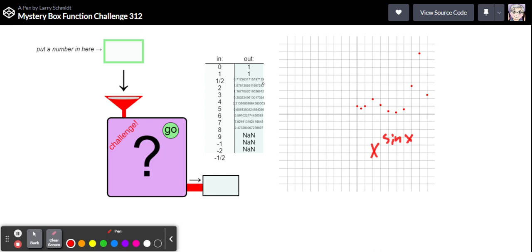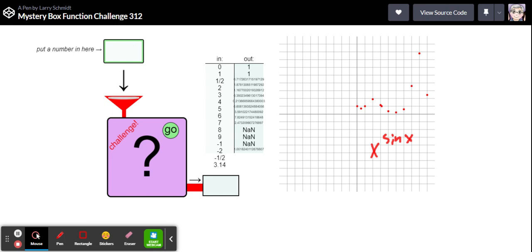I'm wondering if there's a value we could put in here that would help us. A lot of these are difficult to calculate in your head. Let's just put in pi, or an approximation for pi, and see what we get. Aha, so there we're close to 1, and that actually helps a lot because the value of the sine of pi is 0.